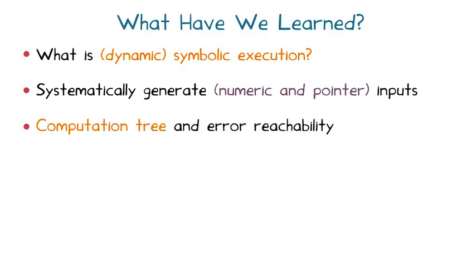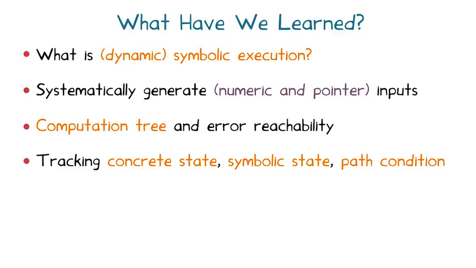Recall that the computation tree is a model of all possible paths that a program's execution can take. The goal of DSE is to determine if an error is reachable under some input to the program. DSE simultaneously tracks 3 pieces of information: the program's current concrete state, the program's current symbolic state, and the symbolic constraints for the execution so far, called the path condition.